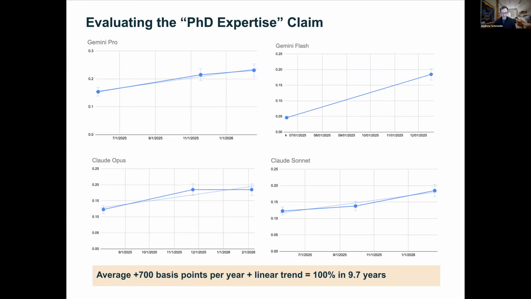So, circling back on those claims. Here I've tried to look at the different models and see what their rate of improvement is, because right now we can agree that only 25% correctness on this benchmark means they're probably far from PhD level expertise as claimed.